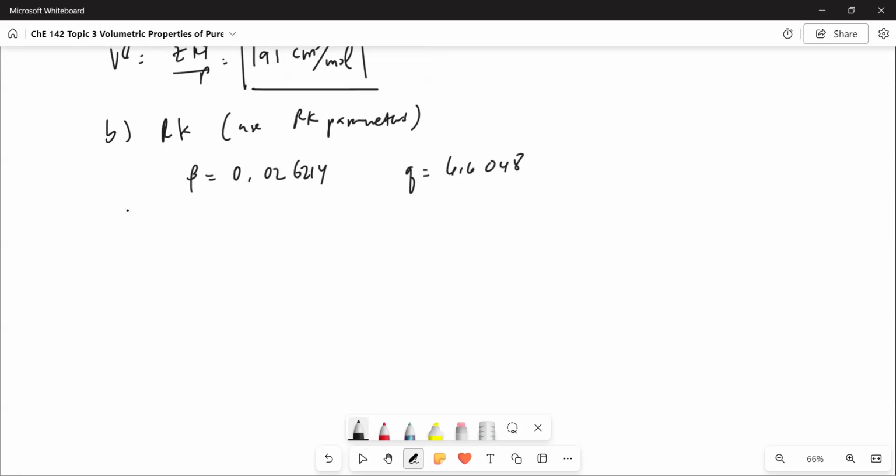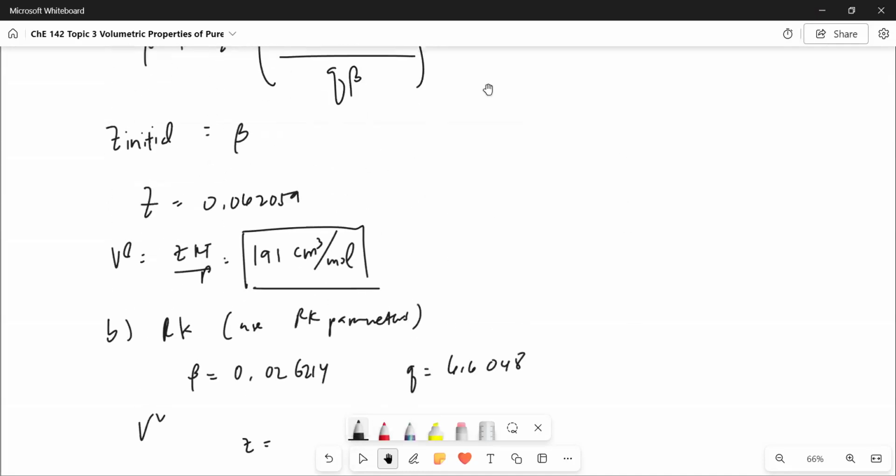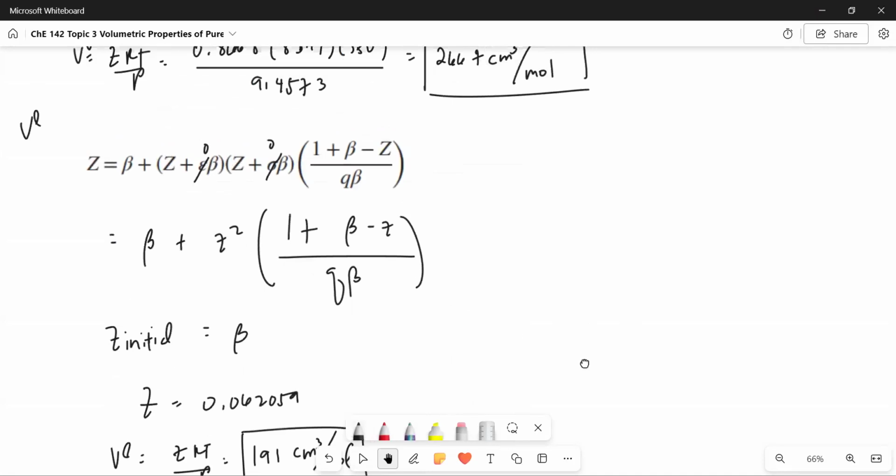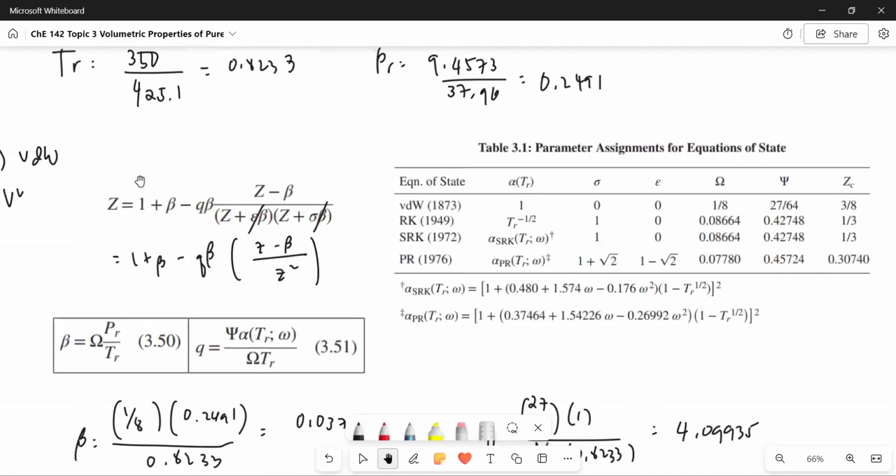And then you will also use the same equation for the vapor-like root, but it's a bit different, okay? Let me go back to this one. For Redlich-Kwong, only epsilon cancels out. We have a value for sigma, which is equal to 1.